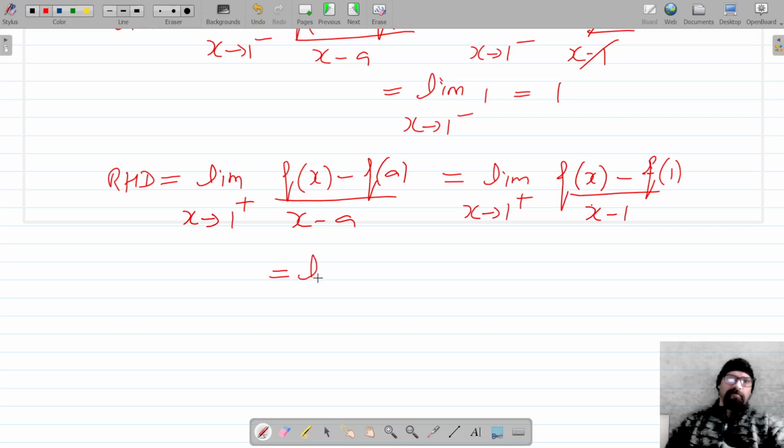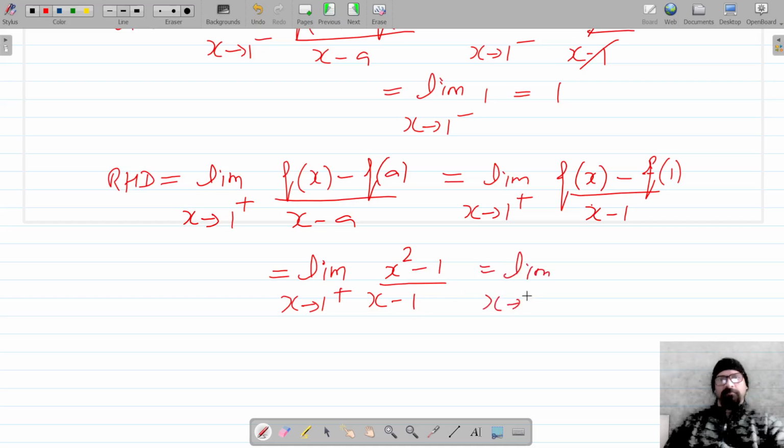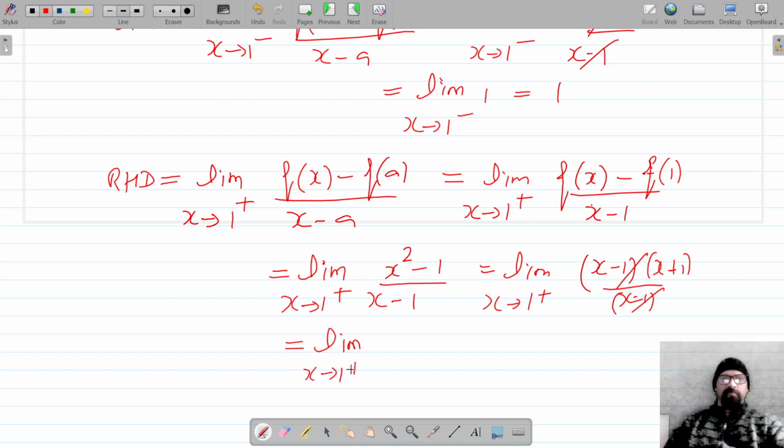So this becomes limit x tends to 1 plus, f of x is x squared, f of 1 is 1, upon x minus 1, and we can use a squared minus b squared equals a minus b into a plus b, divided by a minus b. We are left with x plus 1, and if we take the limit, this becomes 1 plus 1, which is equal to 2. So the right hand derivative is 2.